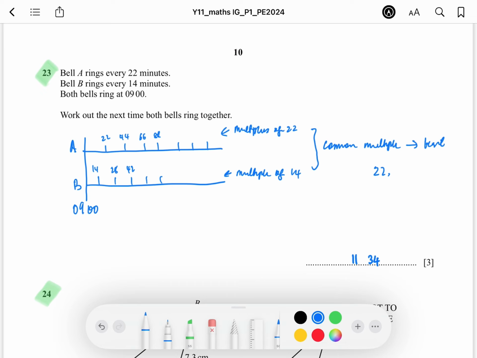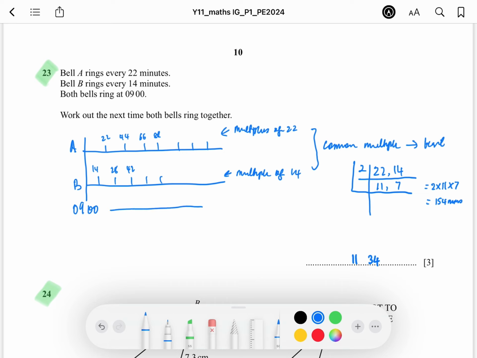You can do the factors. Doesn't matter. So that's 2, 11, 7. That means LCM is equal to 2 times 11 times 7, which is equal to 154 minutes.